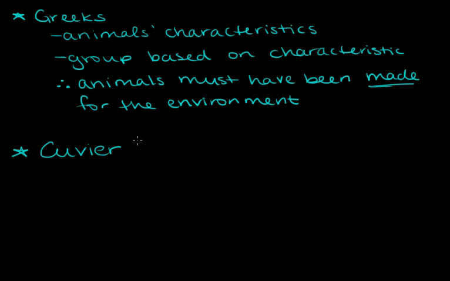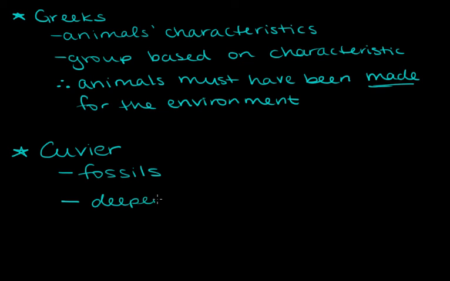So Cuvier looked at fossils. That's what he cared about. What he noticed is that the fossils near the top are the newest, and the fossils towards the bottom, as you dig deeper, are older.